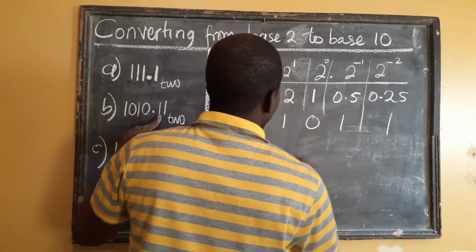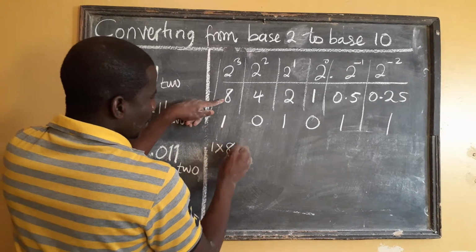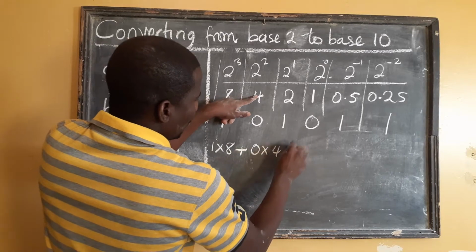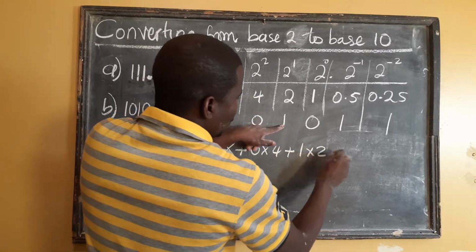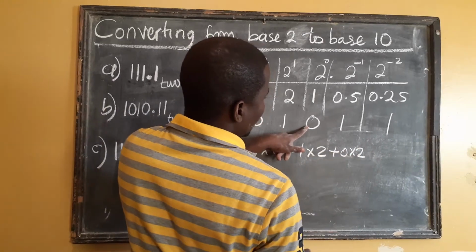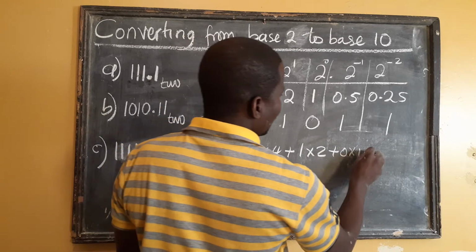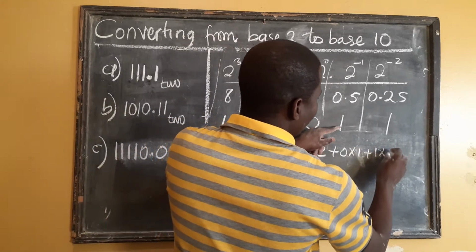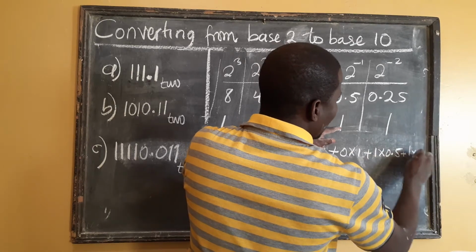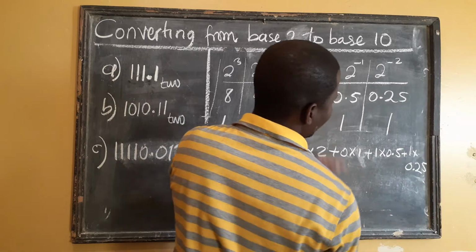That's all. Then we begin now to say 1 multiplied by 8 plus 0 multiplied by 4 plus 1 multiplied by 2 plus 0 multiplied by 1 plus 1 multiplied by 0.5 plus 1 multiplied by 0.25.